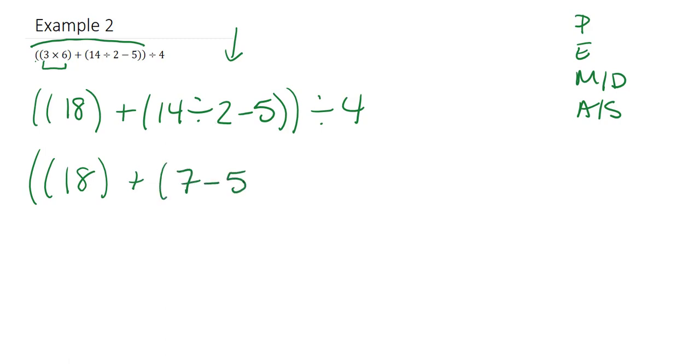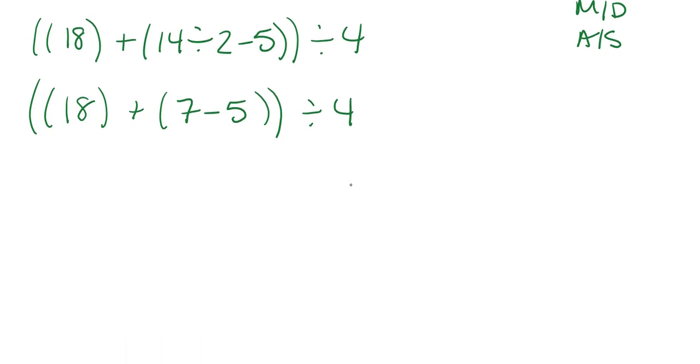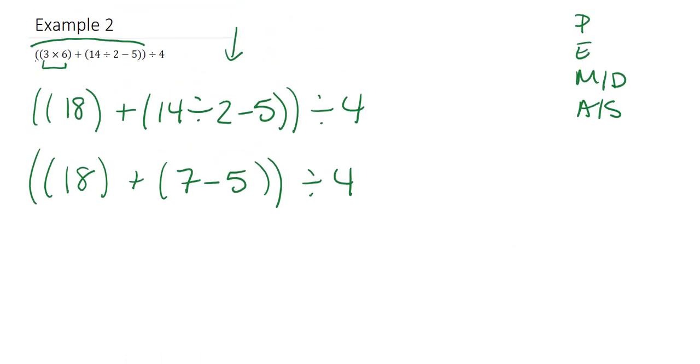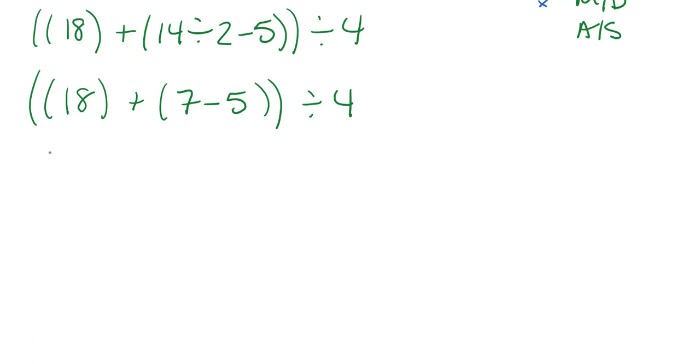And then we just have this minus 5. So now what do we have to do? We have dealt with the divide. Now we need to subtract. So we have 18 plus 7 minus 5, so that's 2.